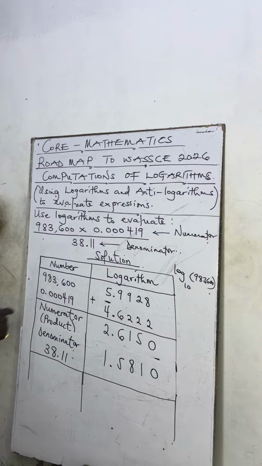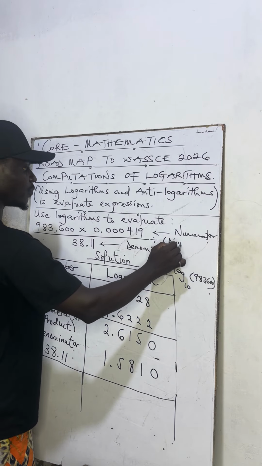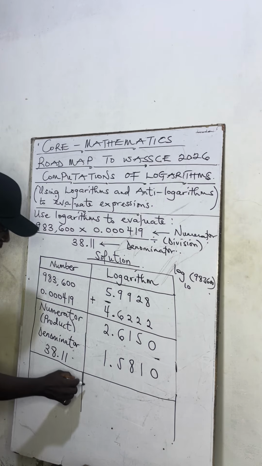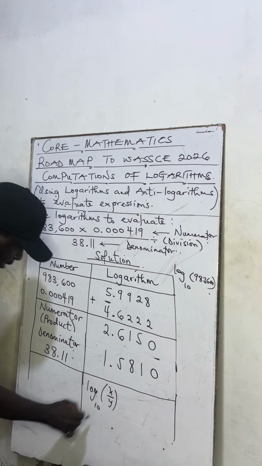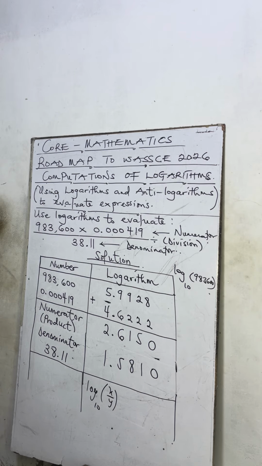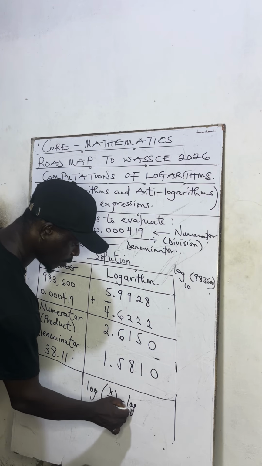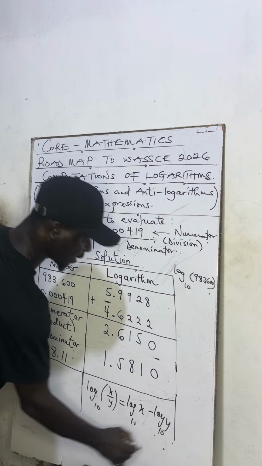Because we are dealing with division, don't forget the laws of logarithm. Log of x on y, that's base 10, is equal to log of x minus log of y in base 10.